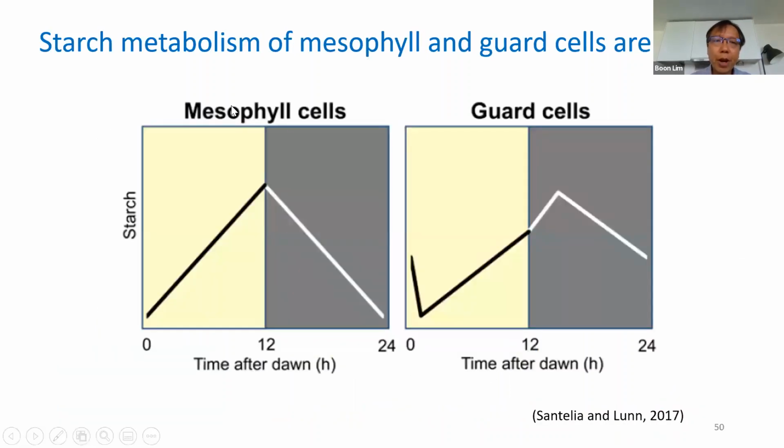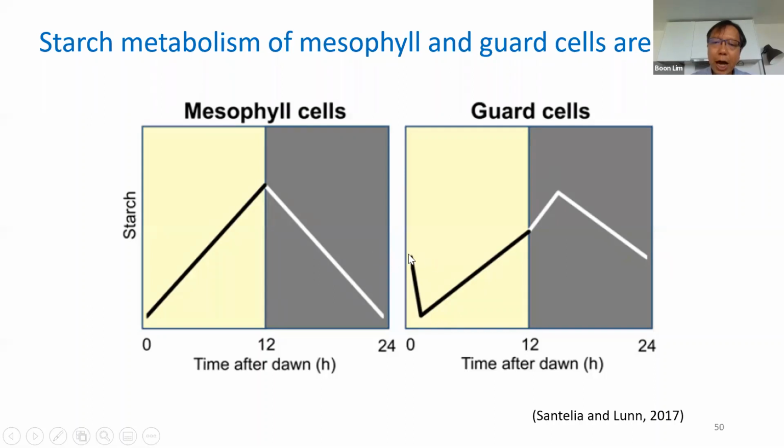And if we compare the starch metabolism of mesophyll and guard cell, we can see that they are different. In mesophyll, the mesophyll accumulates starch in the light, and in the dark, it will break down the starch. However, in the guard cell, at the end of night, it still has some starch.